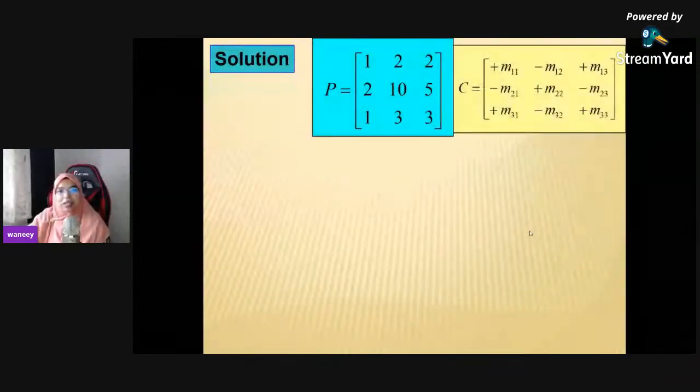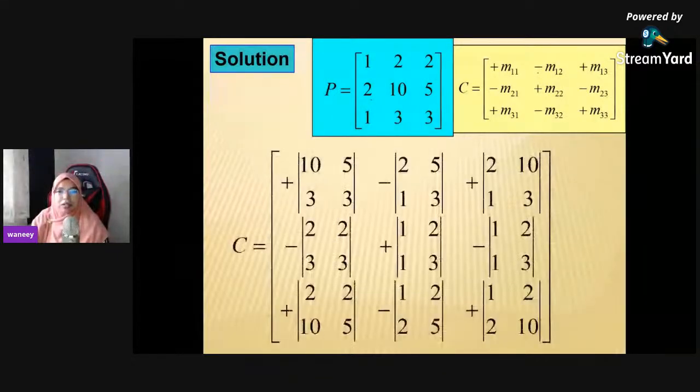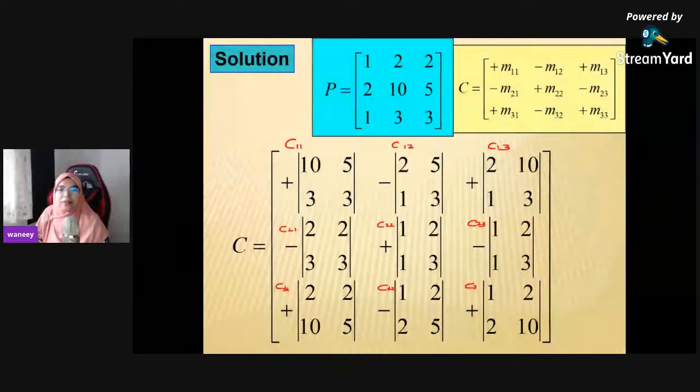Okay, so now that is P 122, 2, 10, 5, 1, 3, 3, and this is the formula for the cofactor. So this is C11, C12, C13, C21, C22, C23, C31, C32, C33. Okay, so C11, that is the positive of M11.